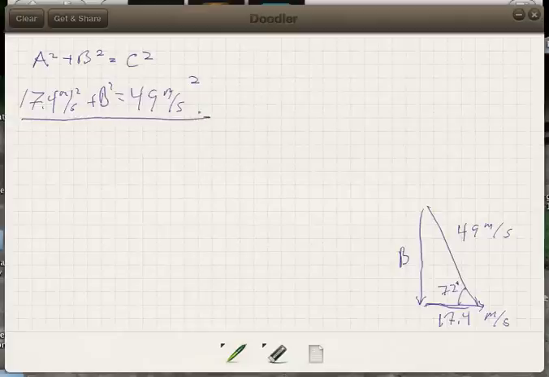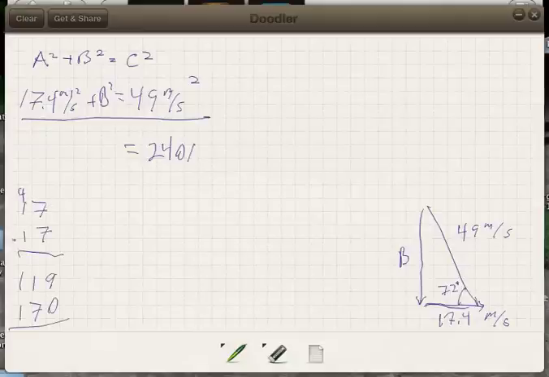I'm tired of units. 49 squared, we remember already, is 2,401. And 17.4, let's round it down to 17. Make my life a little bit easier. So 17 squared then is 289.